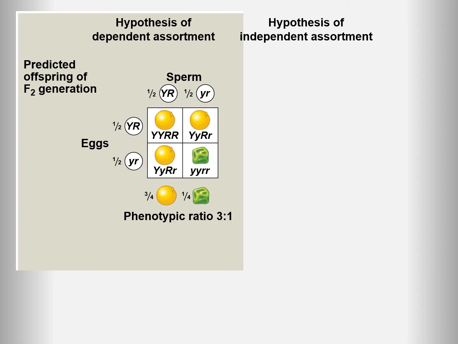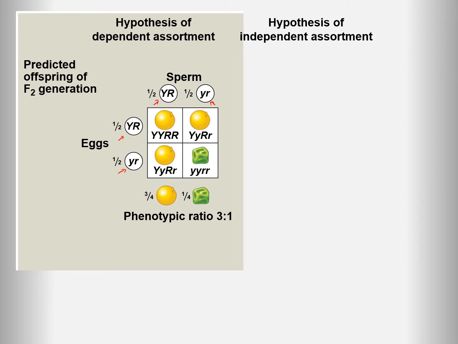So if color and shape are linked, if they're inherited as a package, then the first parent will produce a sperm that has two dominant copies or two recessive copies, and then the other plant will produce eggs of the same pattern.